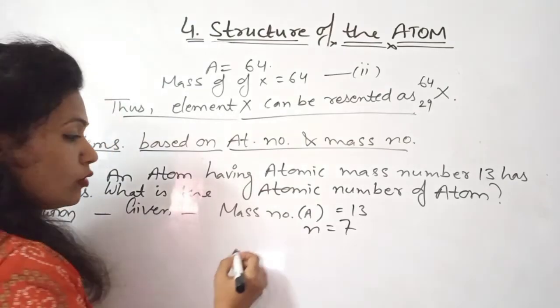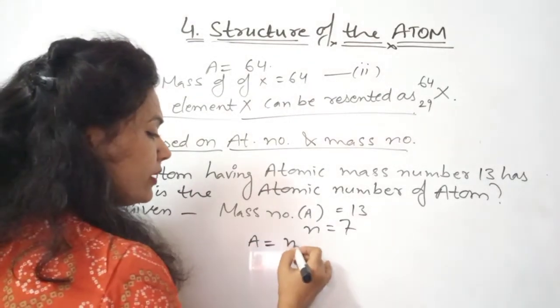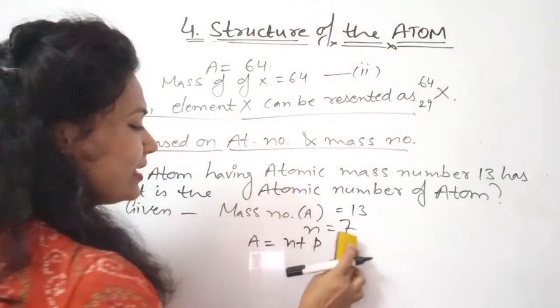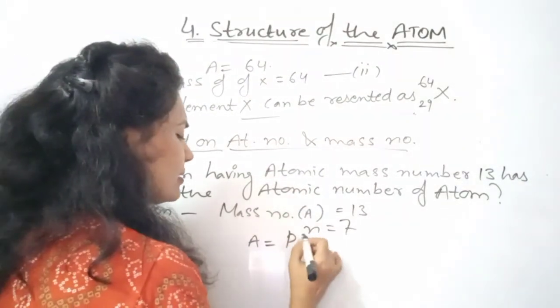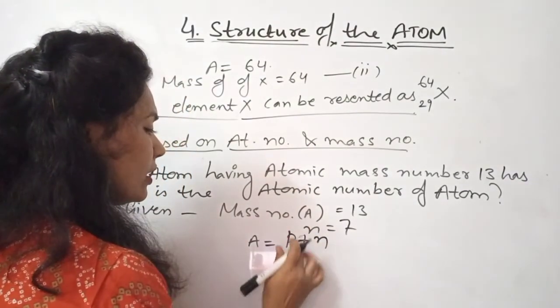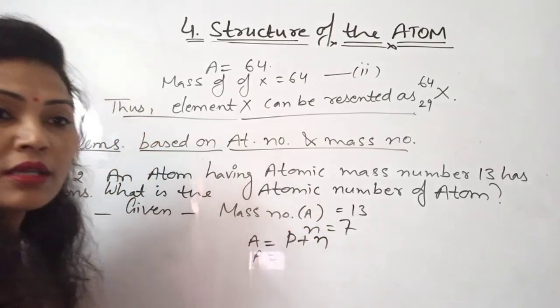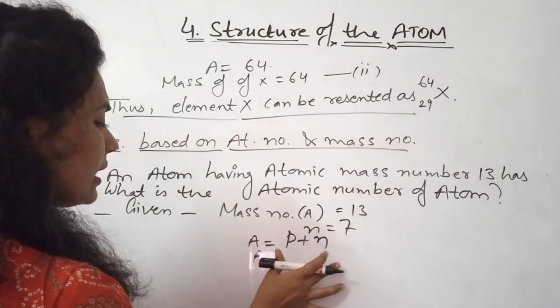Now mass number A we can find with the help of P plus N, proton plus neutron. Protons are unknown, neutrons are given.